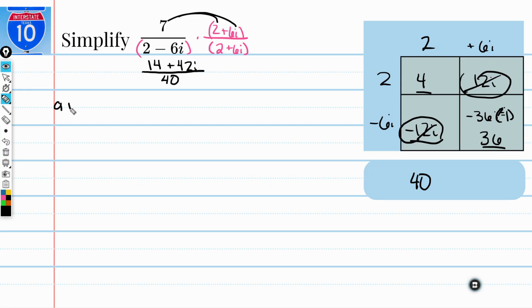Now we need to transfer it to the a plus bi format. So 14 over 40. The plus sign will just come down to the center. The i will come after the second fraction. And so we have 42 40ths is our second fraction.